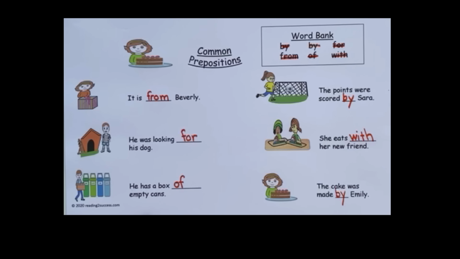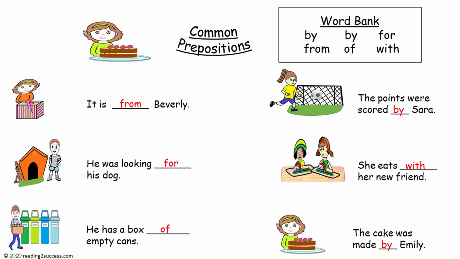By is the preposition. She eats with her new friend. With is the preposition. And our last sentence, the cake was made by Emily. By is the preposition. And this is a completed example.